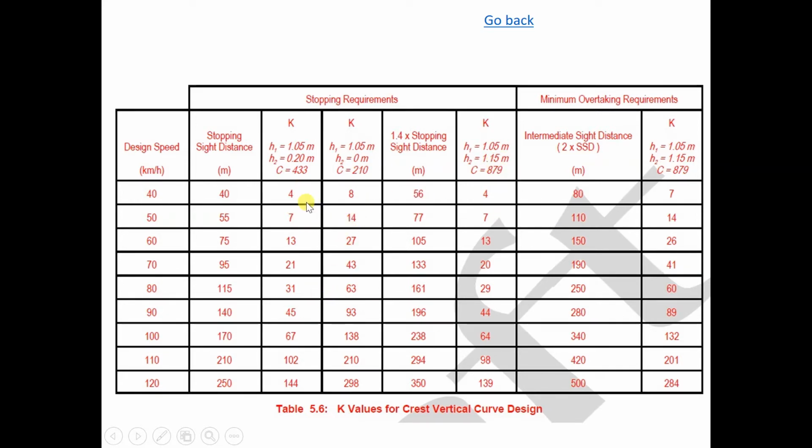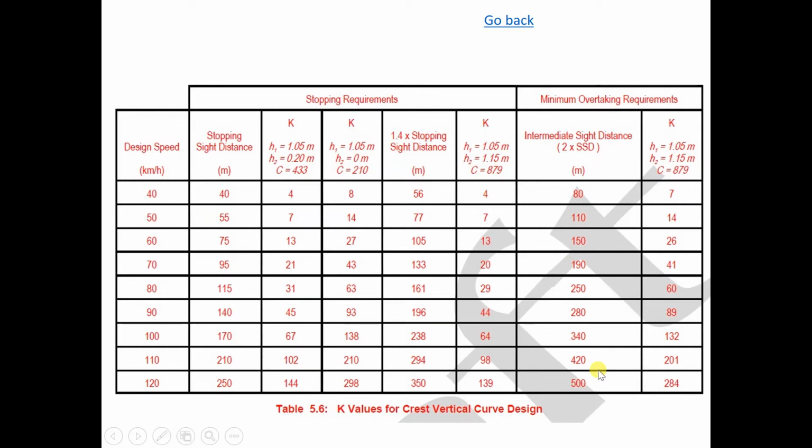This gives us the K value. For the various design speeds, these are the corresponding stopping sight distances for the stopping requirement.